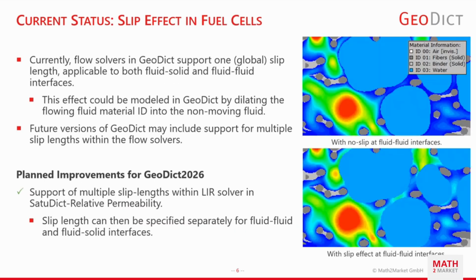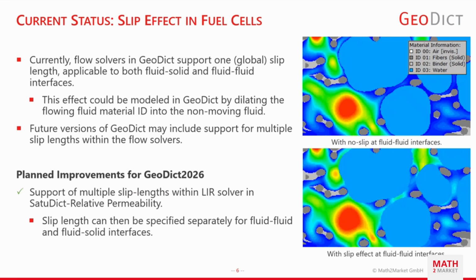What you can currently do is emulate this feature with GeoDict and FlowDict. You do a two-phase flow simulation with the capillary pressure command, and then you get a sequence of different water and air distributions.